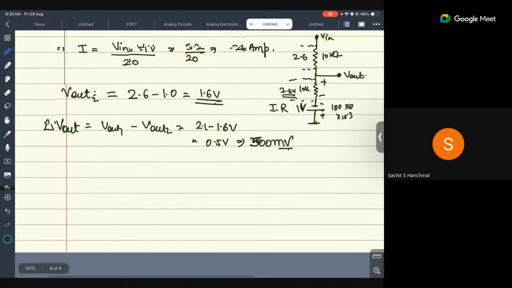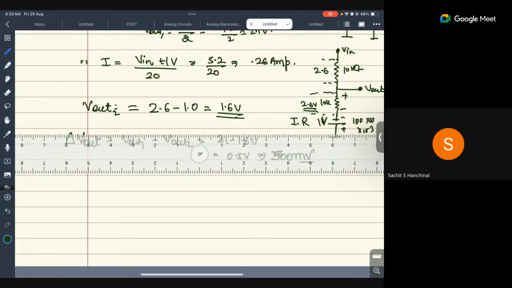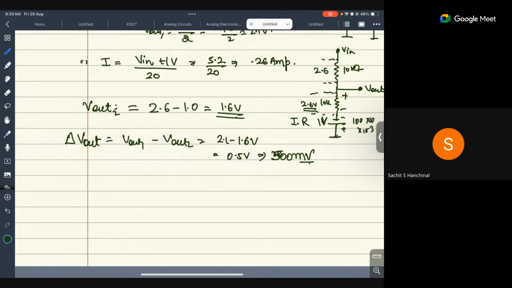If we say that we are taking it this way, I'm just using a resistance of 10 ohm, 10 ohm, and this one.